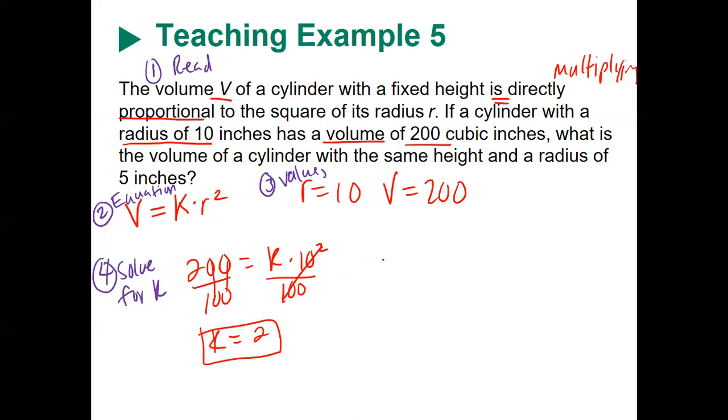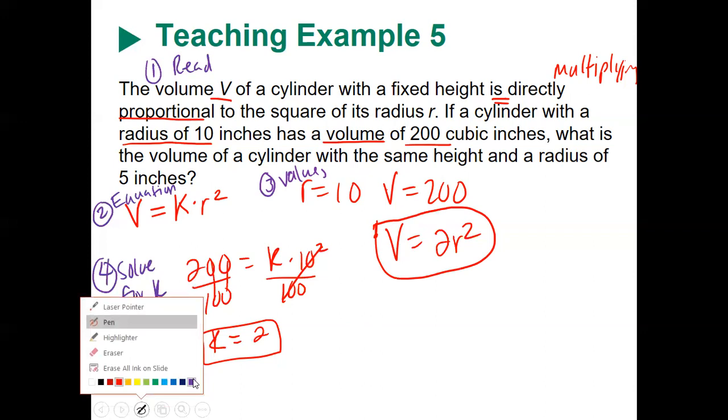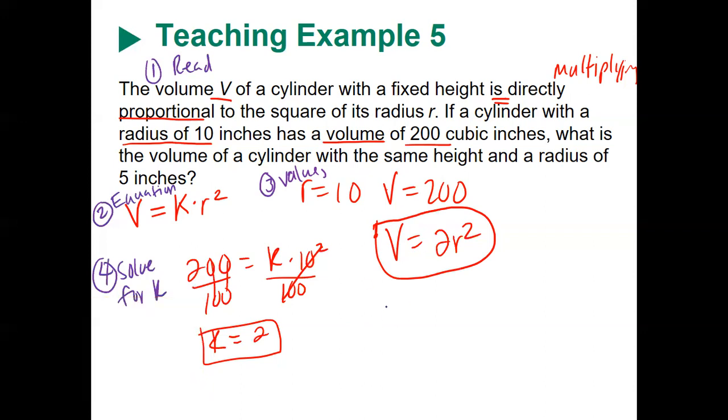Okay, so now we actually know our equation. We now know our constant. So V equals 2R squared. That's our equation. Now that I have this, it is golden. I can now answer anything they ask me. So it says, what is the volume of a cylinder with the same height and a radius of 5 inches? I now know that R is 5.